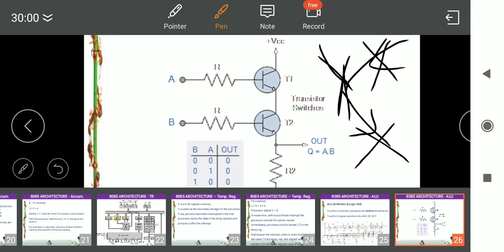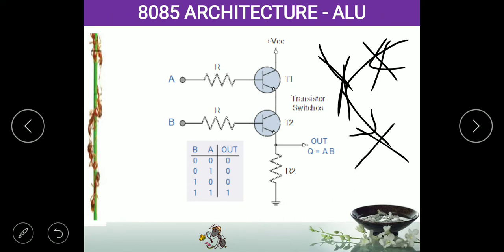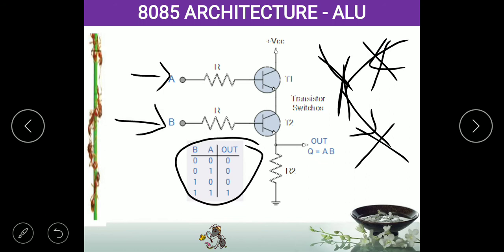Now let us come here. You connect this input with a number A and this input with a number B. So this is the truth table and this is the AND gate. Here it is connected to the voltage VCC, that is a 5 volt supply.